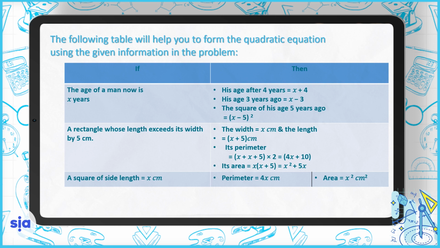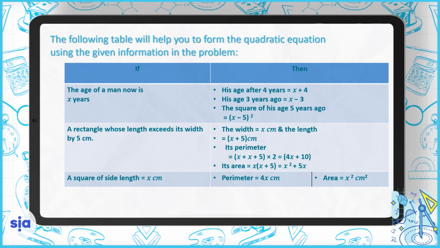If the question said the square of his age 5 years ago, it means x minus 5, because ago, we're going backward in age. So the square of it is x minus 5 all squared.